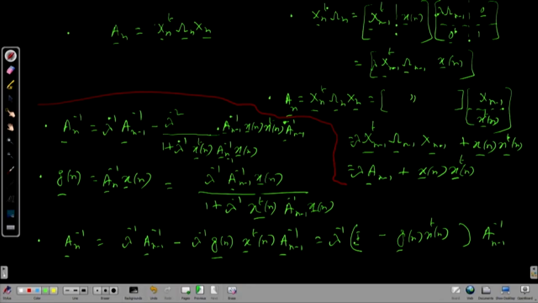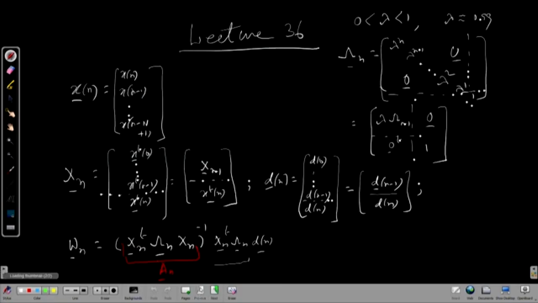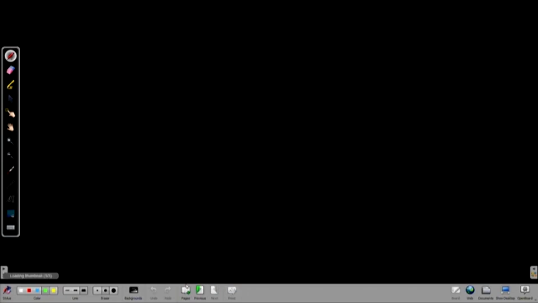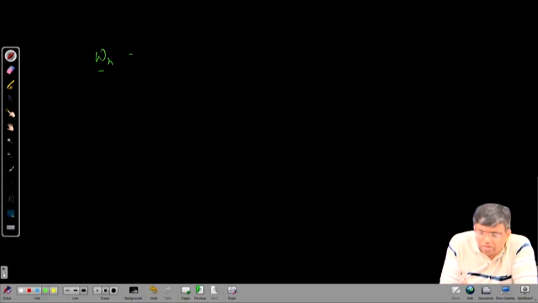So these are the relations we derived last time, and now I have to consider this W n. I have to work out W n using them, A n inverse and this relation. So now W n is A n inverse and the remaining part was x n transpose lambda n d n, right.